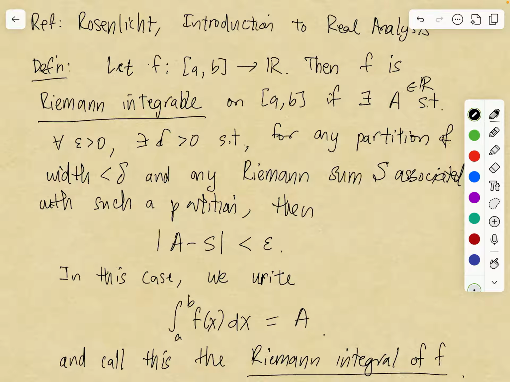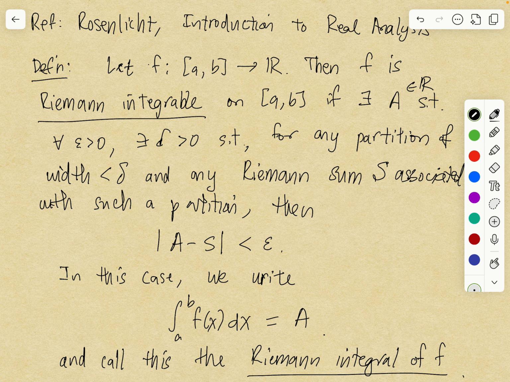That involves the upper sums and lower sums of partitions, and it's something like if the supremum of the lower sums is equal to the infimum of the upper sums, then that common number is called the integral. And my understanding is that is called the Darboux integral.